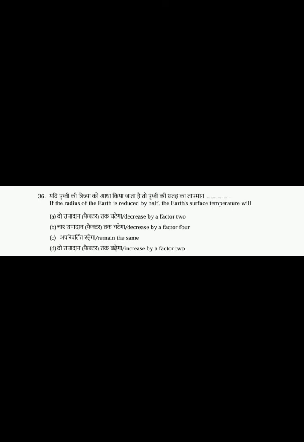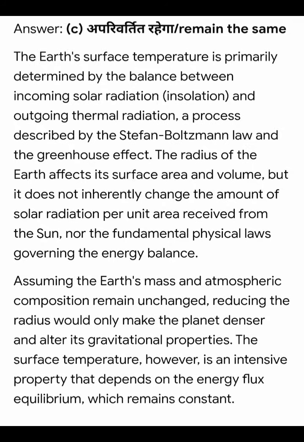The next question is, if the radius of the earth is reduced by half, the earth's surface temperature will dash. The earth's surface temperature is determined by the balance between incoming solar radiation and the outgoing thermal radiation, a process described by the Stefan-Boltzmann law and the greenhouse effect. The radius of the earth affects its surface area and volume but doesn't change the amount of solar radiation per unit area received from the sun, nor the fundamental physical laws governing the energy balance.